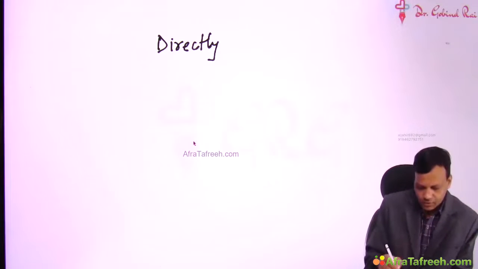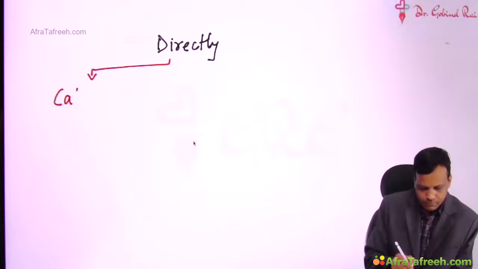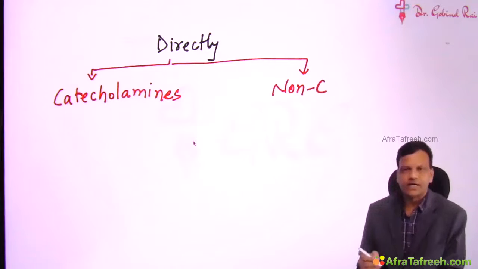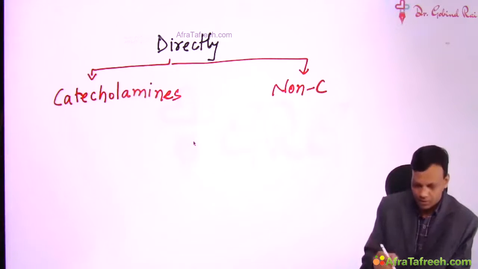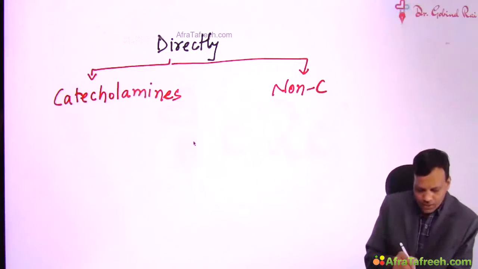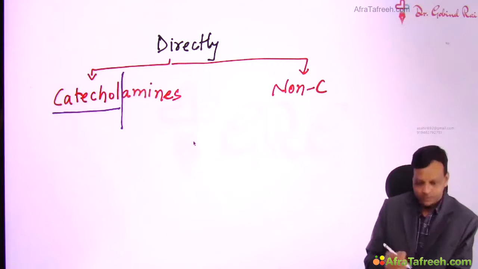Now directly acting drugs, we can divide them into catecholamines and non-catecholamines. Directly acting drugs may be divided into catecholamines and non-catecholamines. The first question is, what is a catecholamine? Catecholamine is actually a chemical name which consists of catechol and amine.